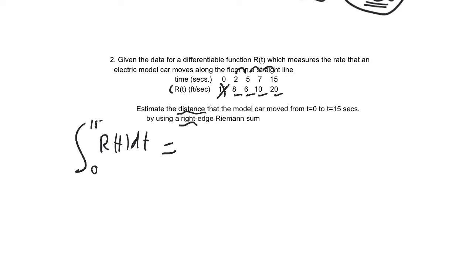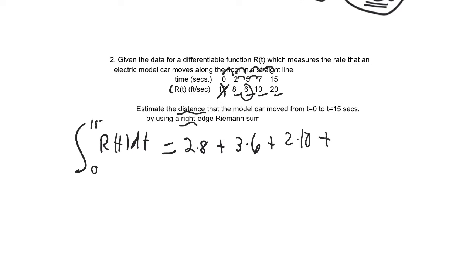In any event, the first rectangle has a width of 2 and a height of 8, so that's going to be 2 times 8. And then the next rectangle has a width of 3 and a height of 6. The next rectangle has a width of 2 and a height of the right edge of 10.